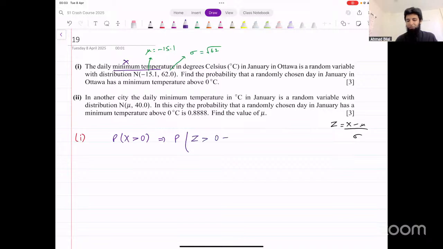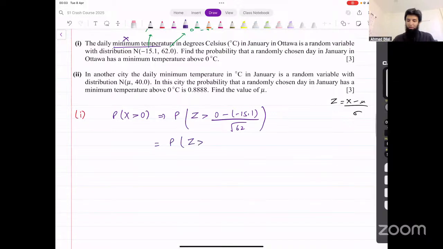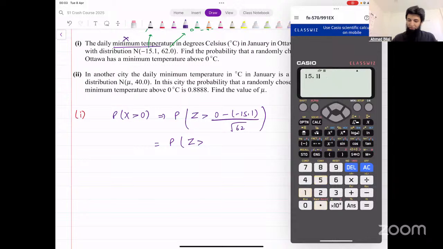That means 0 minus the mean, which is minus 15.1, divided by sigma, which is square root of 62. And that will give you some value. Z greater than what? 15.1 divided by square root of 62.